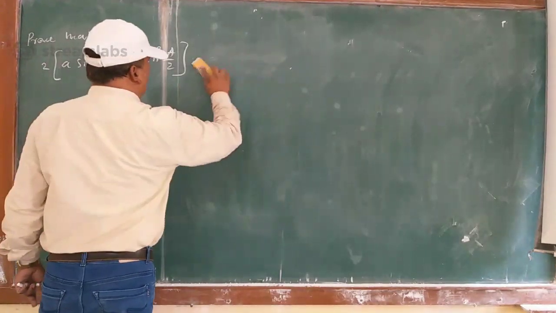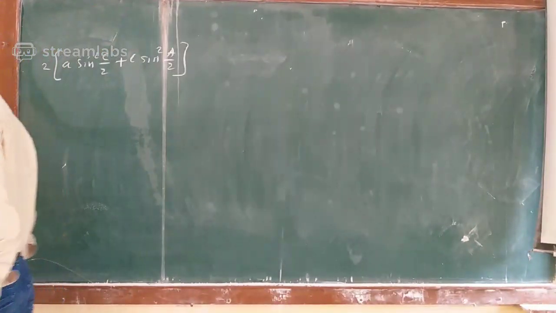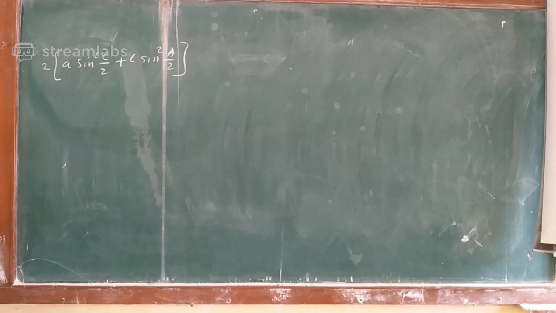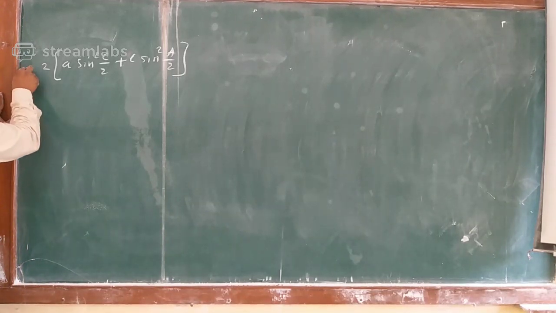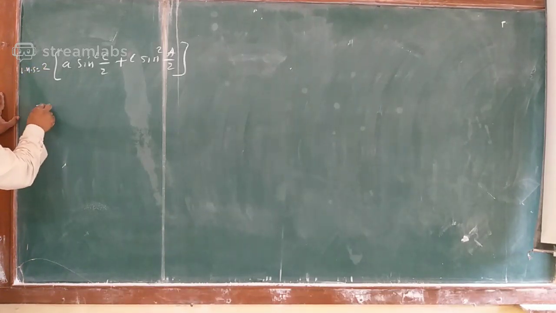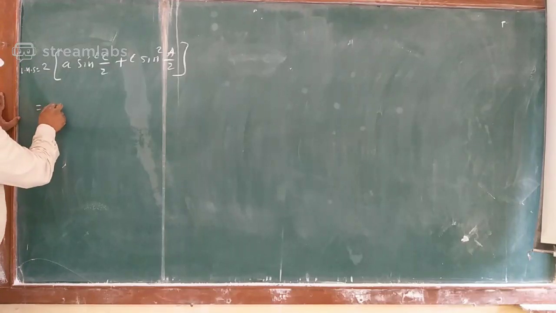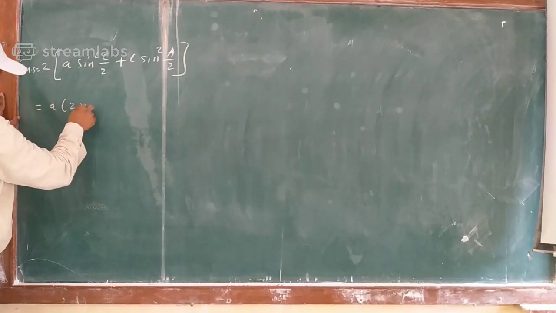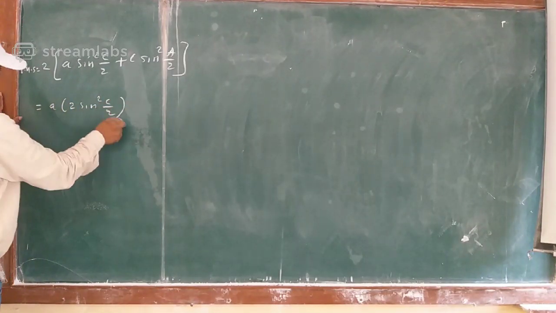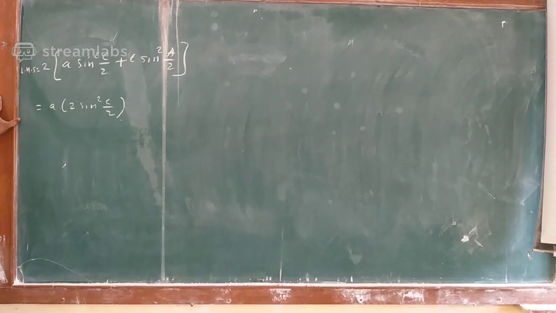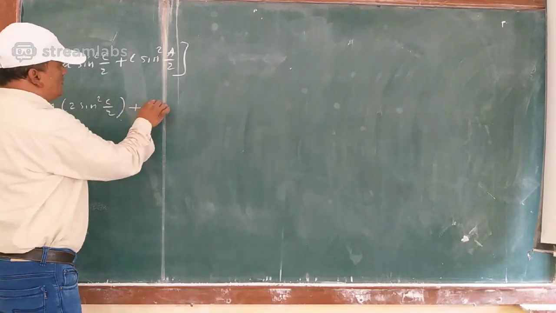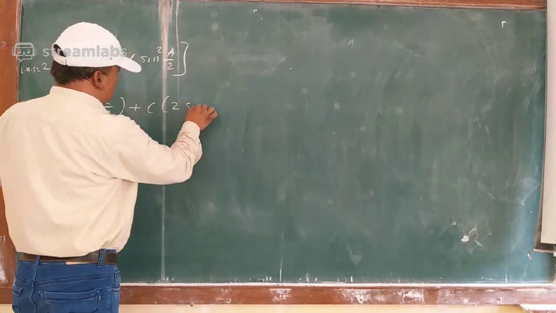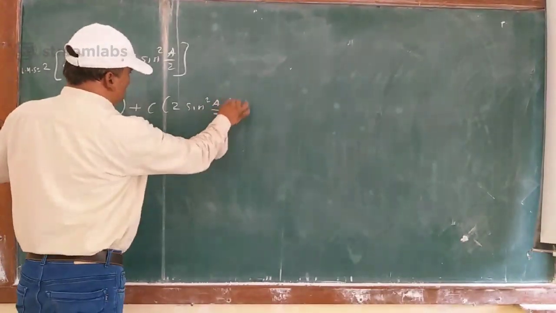So, consider LHS. LHS is equal to A into 2 times sin square C by 2 plus C into 2 times sin square A by 2.